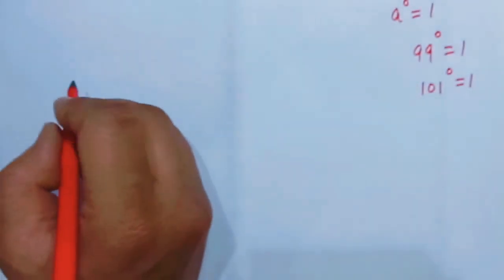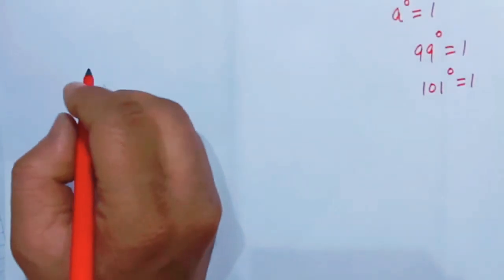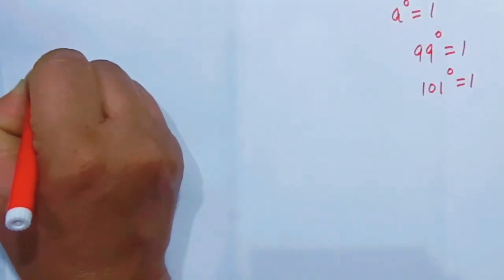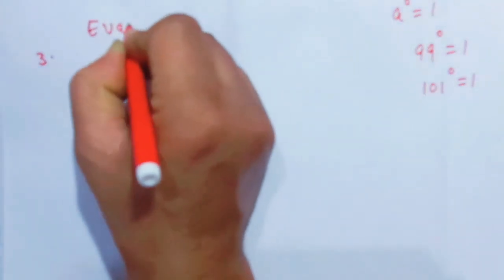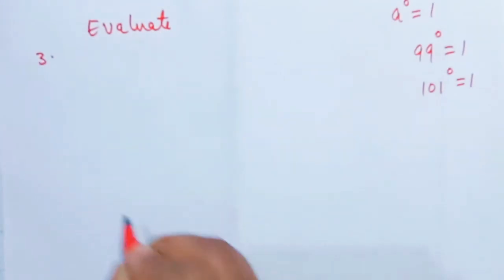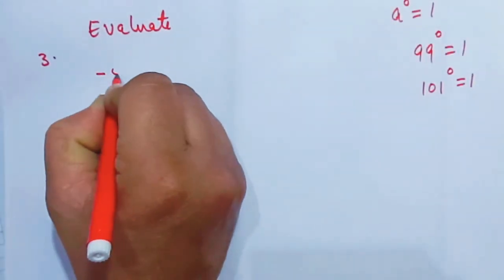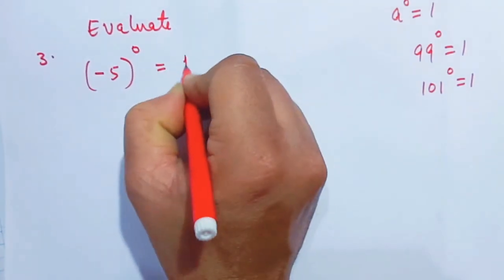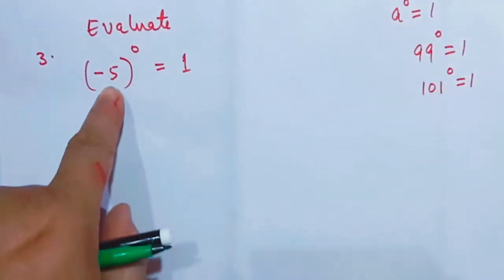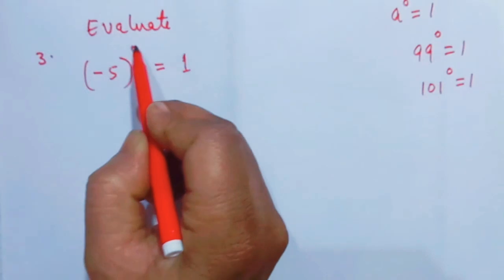So any number raised to the power 0 is equal to 1, and they have given you a simple one, that is minus 5. Here let's come to number 3, evaluate. Okay, I hope you are able to see this. Minus 5 to the power 0, the value will be equal to 1, because the whole minus 5 is raised to the power 0, so it is equal to 1.